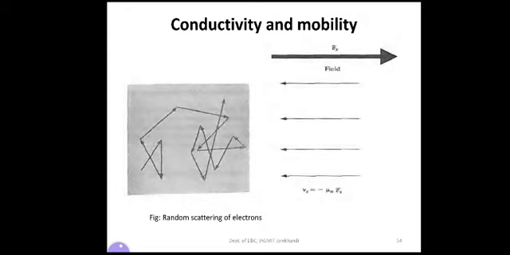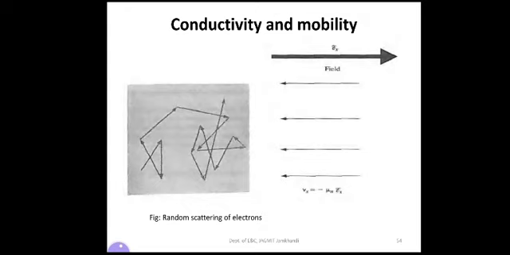So there are two figures here. Figure 1 shows the random thermal motion of an electron in a solid. If you consider a single electron, it moves randomly in any solid.